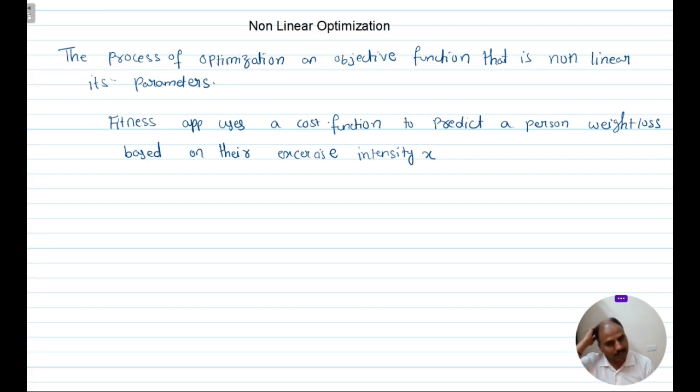Okay, so this app will predict based on your exercise intensity.